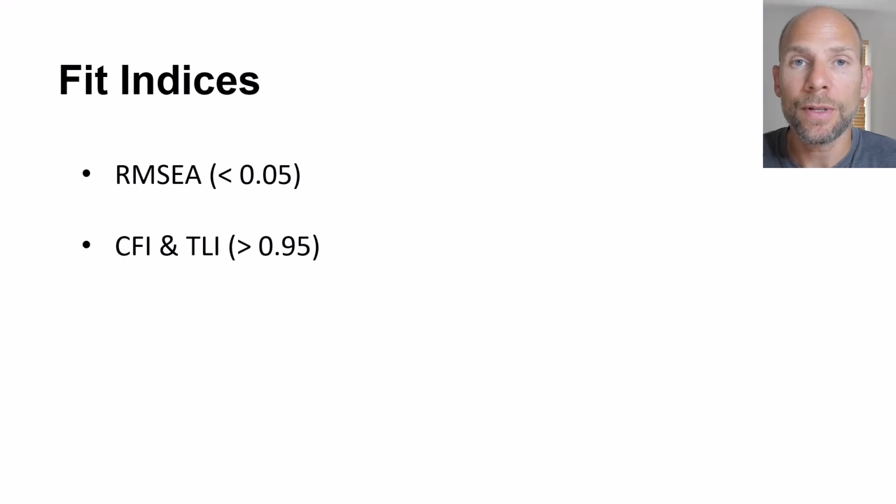And so those are incremental fit statistics that show us how much better a factor model is than no model at all. And so here, when we find values close to 1, specifically greater than 0.95, we think of a model as being a good fit.